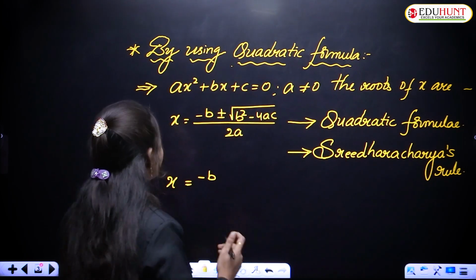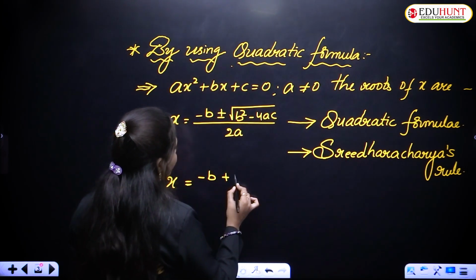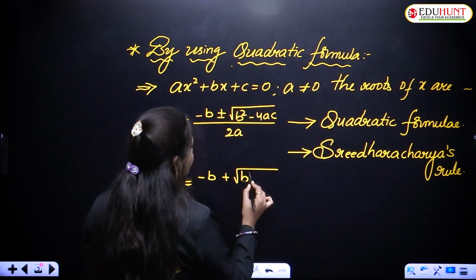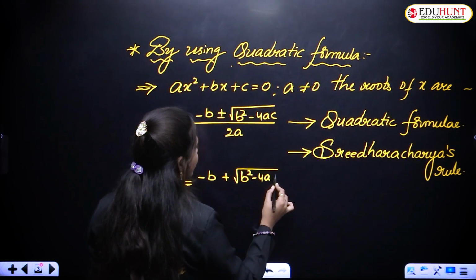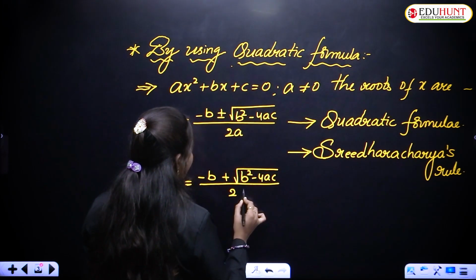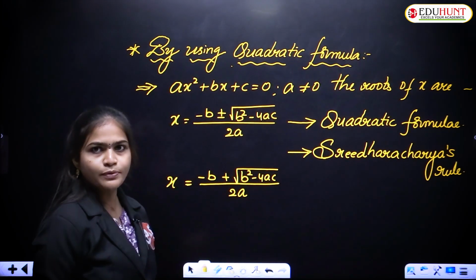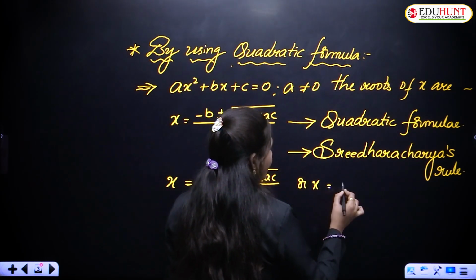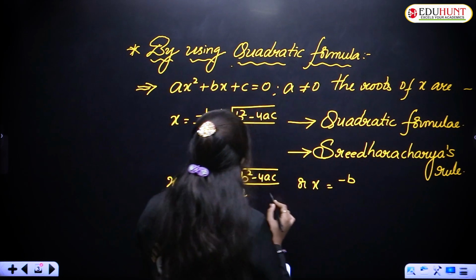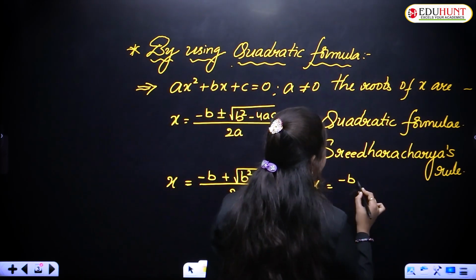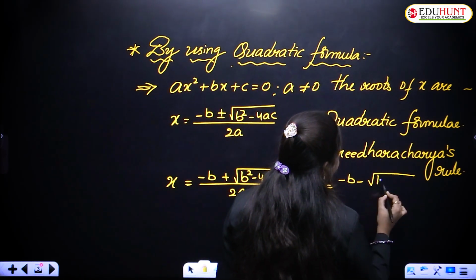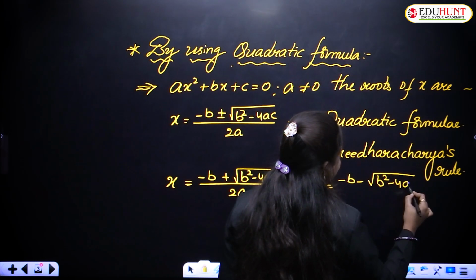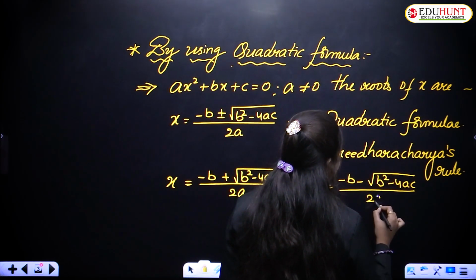So, minus b plus square root of b square minus 4ac by 2a, this is one of the roots. Or x is equal to minus b minus square root of b square minus 4ac by 2a.